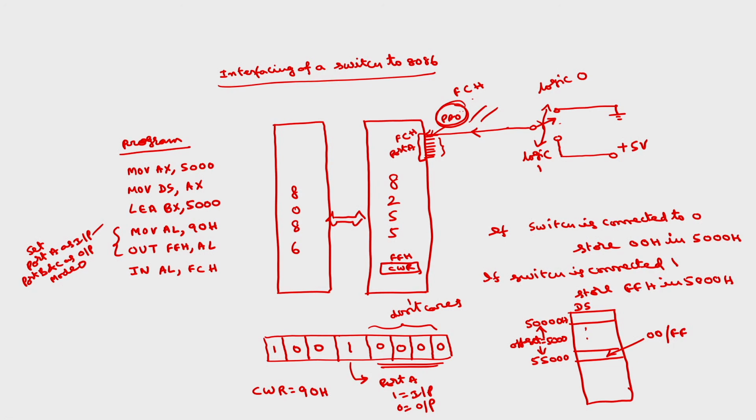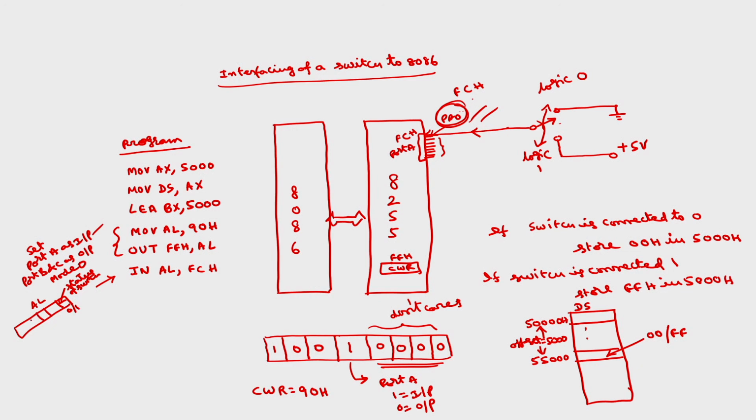In order to check the last bit without affecting the other bits, which can be either 0 or 1, we do not know. With this, the status of the switch will be present in the last bit of AL. If this is 0, the switch is connected to 0; if this is 1, the switch is connected to 1.